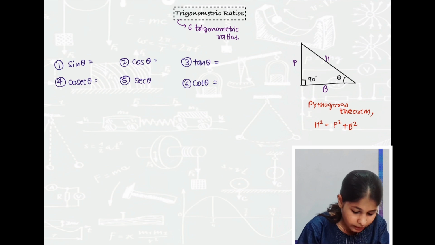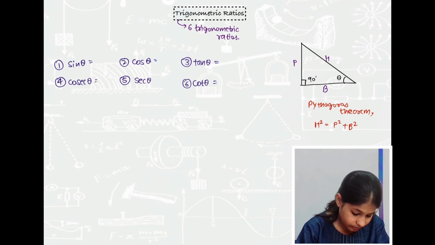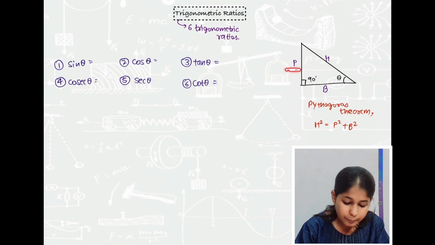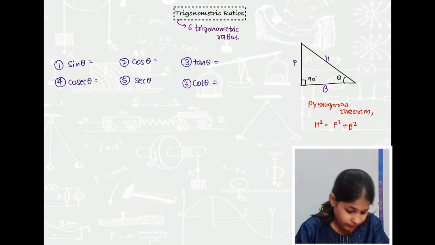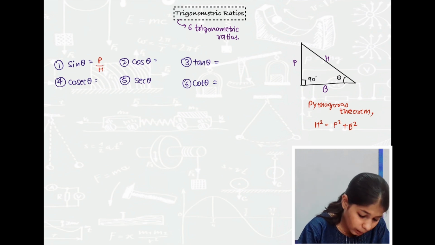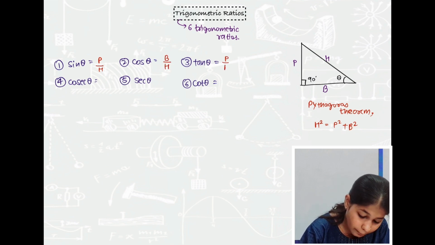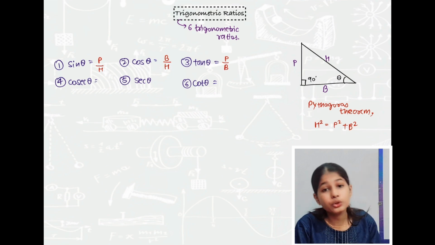Sine of theta will always be equal to perpendicular upon hypotenuse. So let's write here one by one. Sine theta is equal to P upon H. Cos theta is equal to B upon H. Tan theta is equal to P upon B. This should be learned.